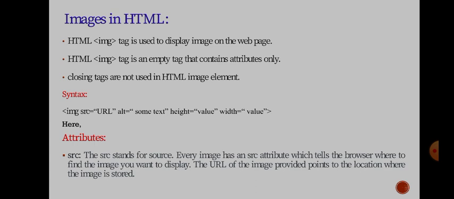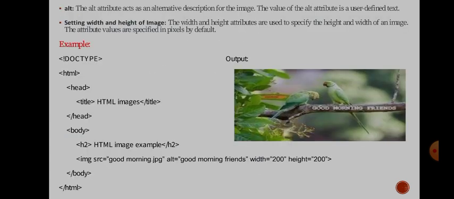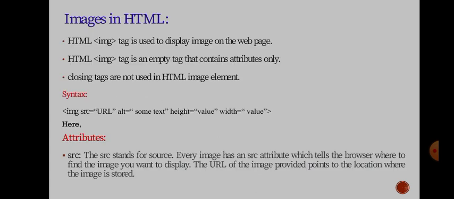The HTML image tag is used to display images on the web page, and the image tag is an empty tag that contains attributes only, and it does not use a closing tag, meaning closing tags are not used in this HTML element.